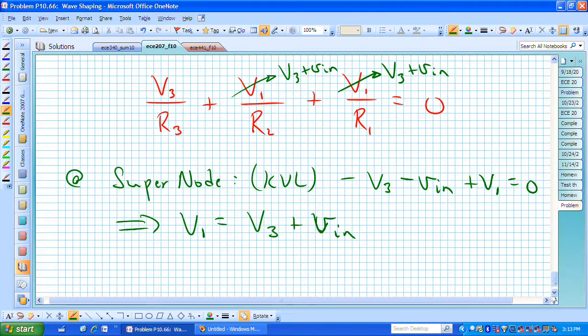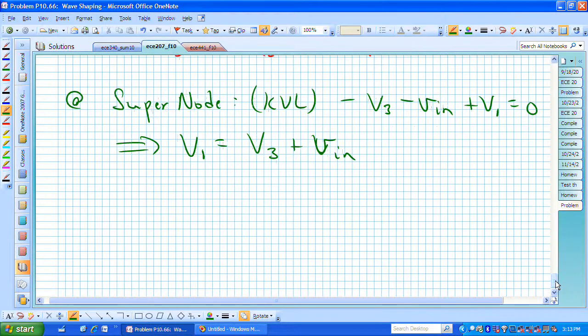We can use that relationship or that information to now give us what we need. We can use that information to give that KCL equation the information we need.